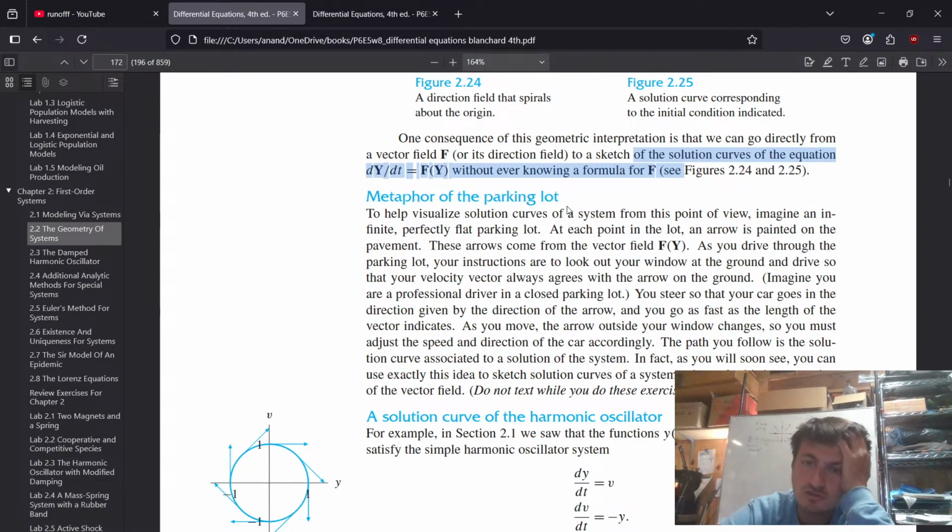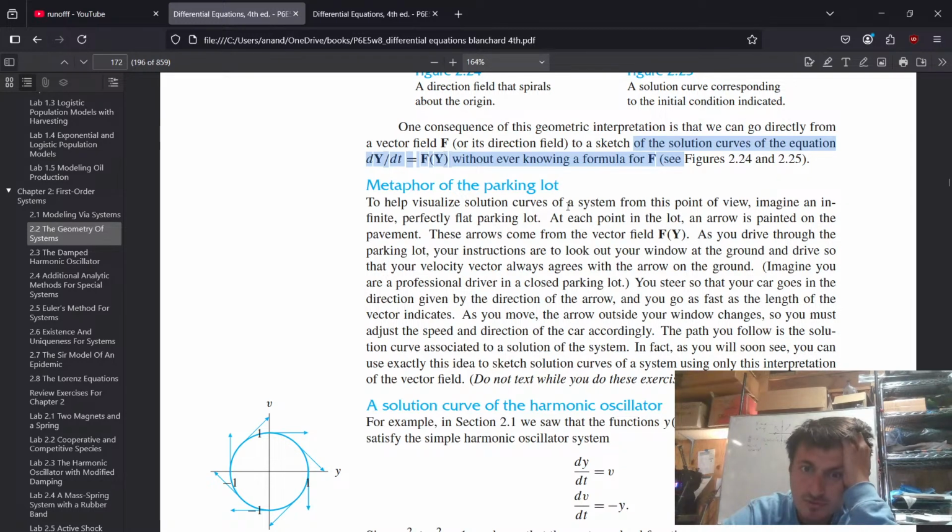To help visualize solution curves for a system, we can imagine an infinite, perfectly flat parking lot.